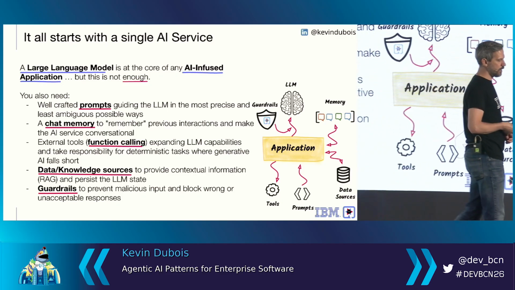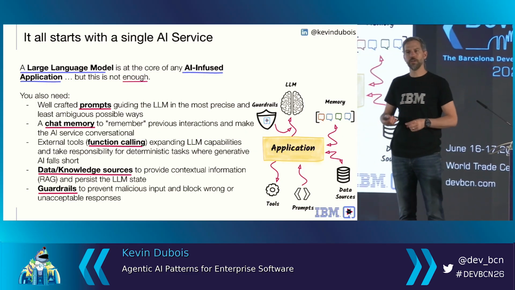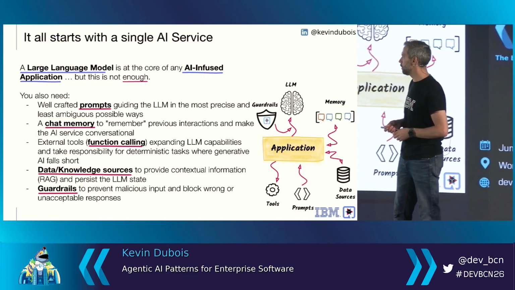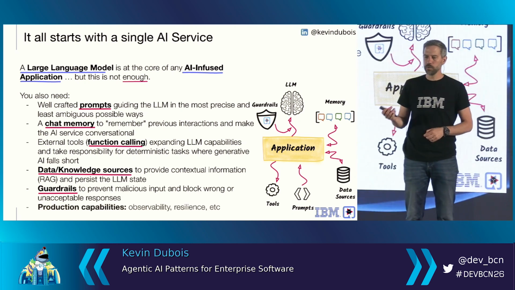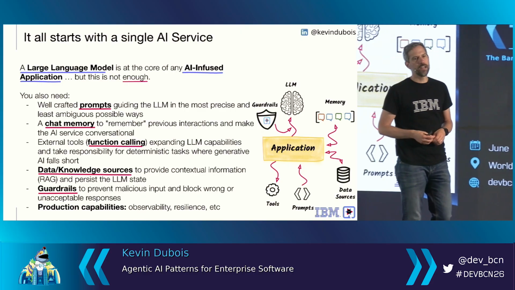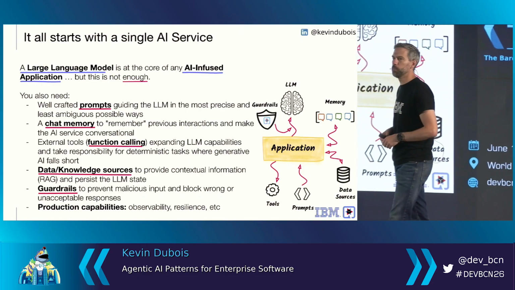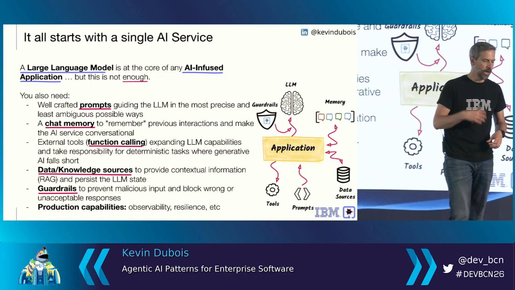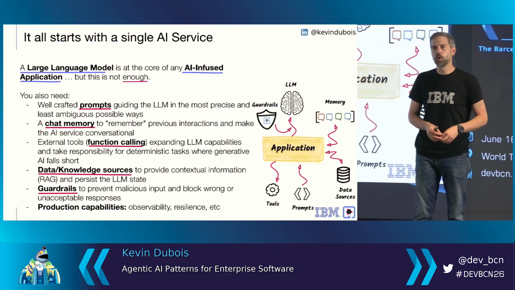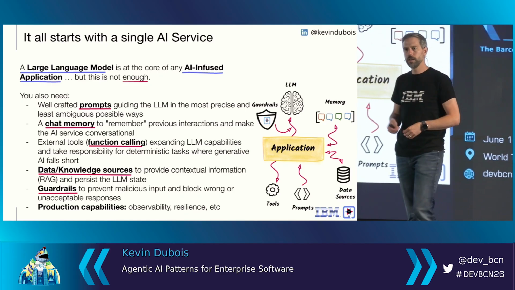This is really important, but we've also evolved. This is work that we did probably two to three years ago by now, and in the meantime, we wanted to add more capabilities. One of those, at the bottom, is production capabilities: adding observability, resilience, and fault tolerance, because, like I said in my title, we want to create enterprise software with AI.